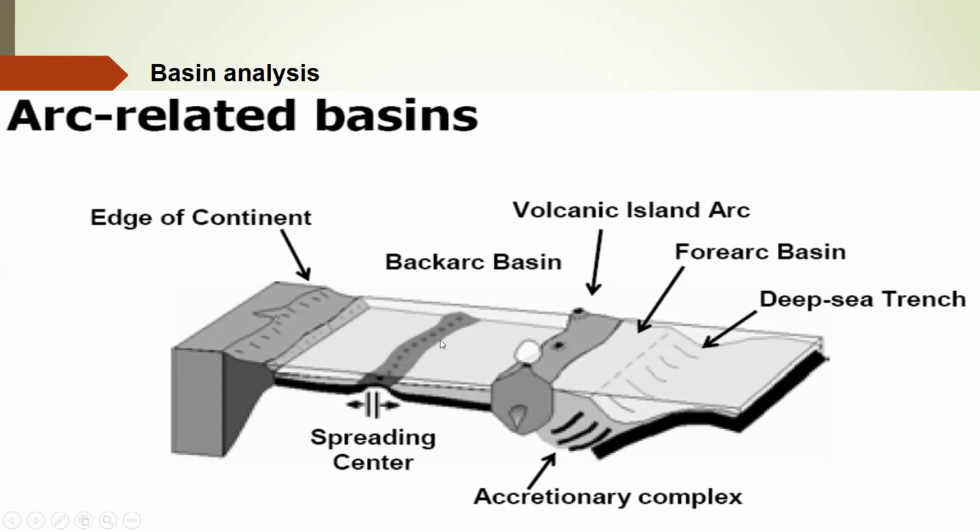Here we have the volcanic arc, that is a chain of volcanoes. We also have the fore arc basin, as it is facing away from the volcanoes, and we also have the deep sea trench.